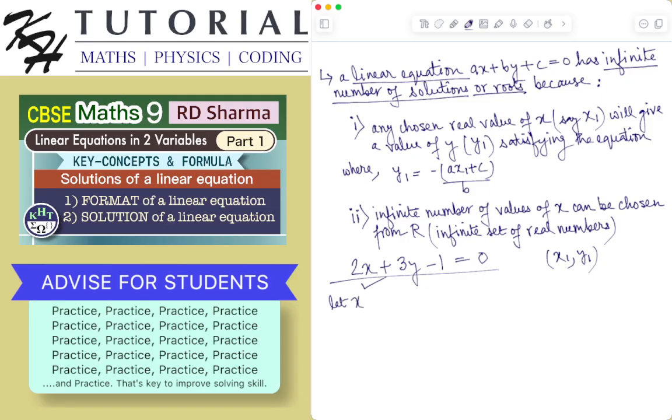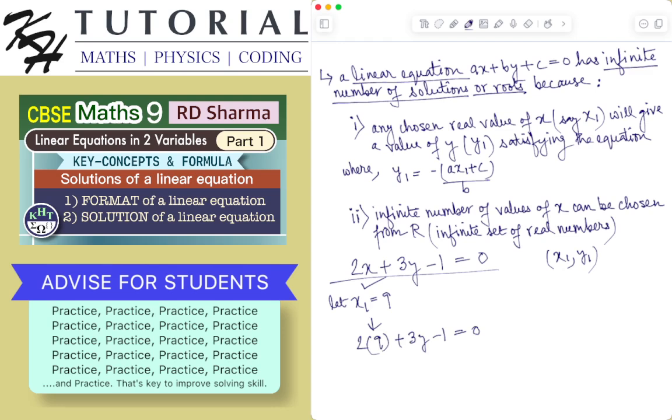So let's say x1 is equal to 9. Now I will substitute 9 as the value of x in the given linear equation, and then I will get 2 into 9 plus 3y minus 1 is equal to 0.